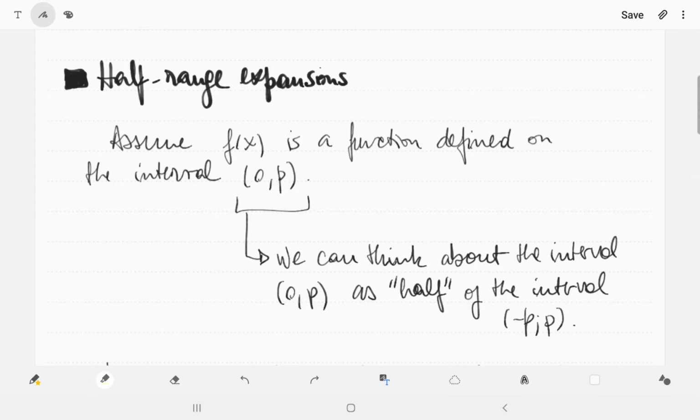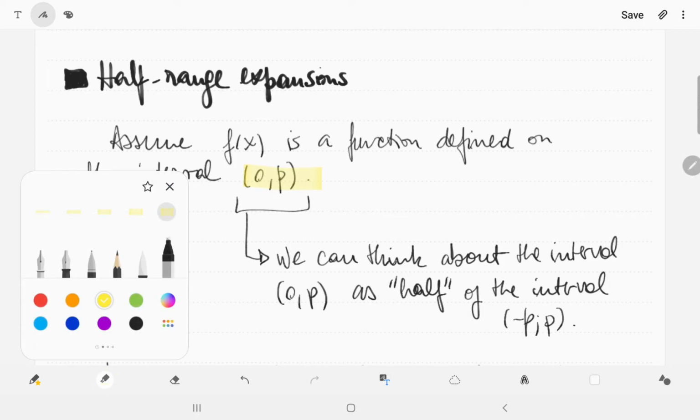So here we are in the last part of the lecture. We are going to see half-range expansions, and mainly the idea is we have a function f defined on the interval (0, p), and we can think about this interval (0, p) as half of the interval (-p, p).